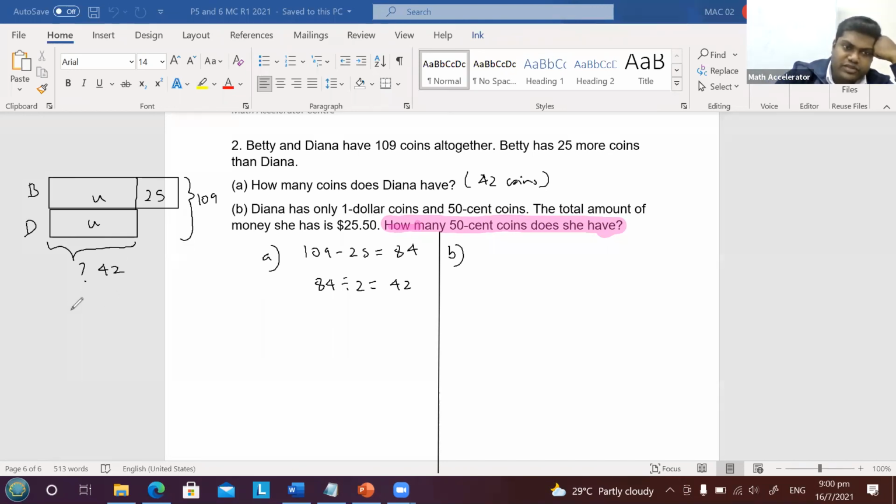I repeat again, you simply assume for the opposite. So what do I mean by that? Write down: assume that the entire coins that you have, 42 coins, are all for $1. So write down 42 times the $1, that's the total.